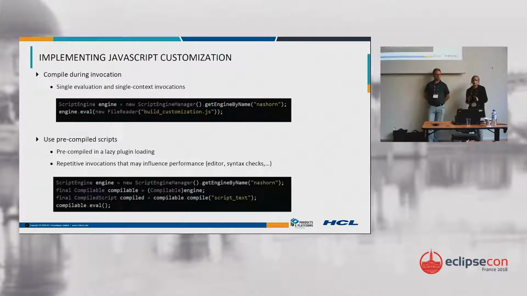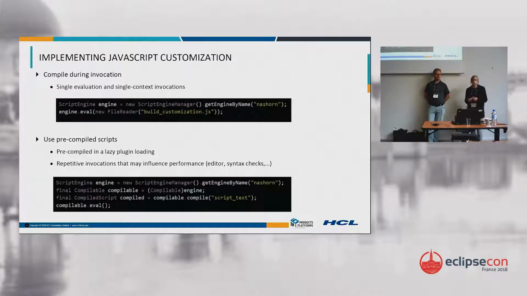If we look at the ways this JavaScript can be evaluated from the Java code, we used basically 2 approaches. One approach is the direct one, where you call eval, and the Nashorn engine starts to work with the JavaScript. Another one is if you, for instance, decided to implement your own JavaScript editor, or you want to have some syntax checks according to your customization, you would like to use so-called precompiled scripts.